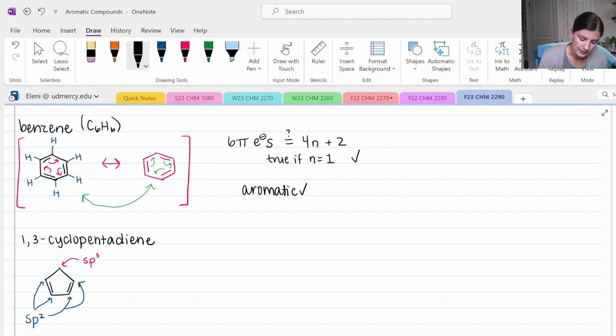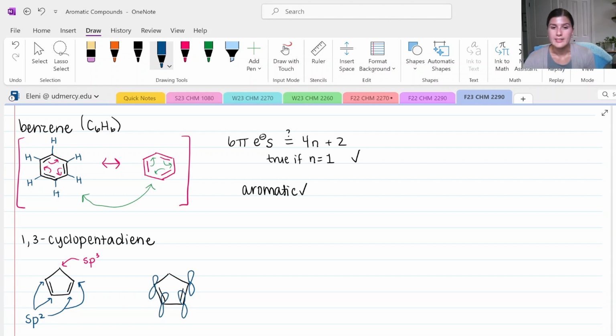I'm going to redraw the molecule and add in those p orbitals. I'm just going to use one color for now. Each of our sp2 carbons have an unhybridized p orbital, but the sp3 carbon, it doesn't. It has 2 bonds to hydrogens.